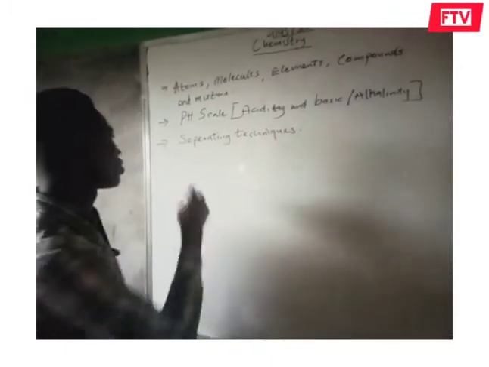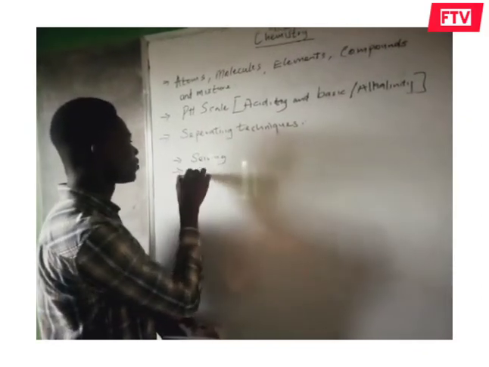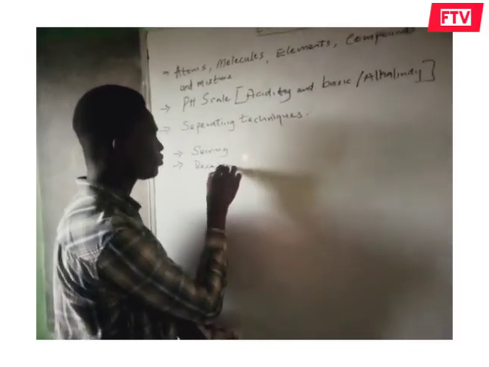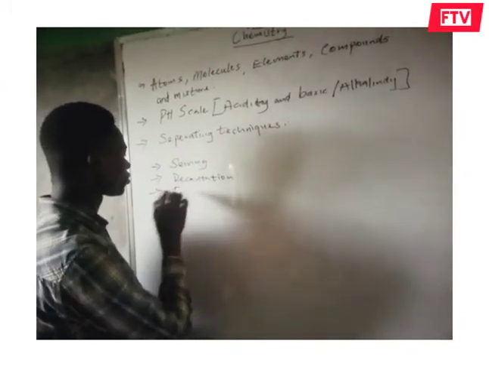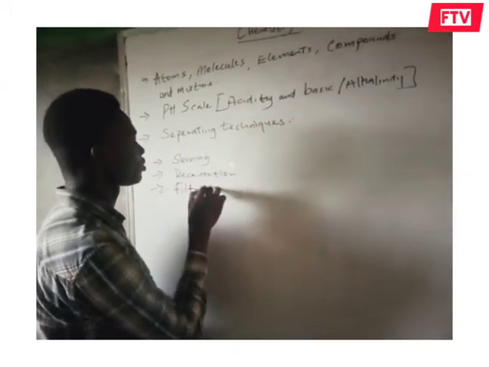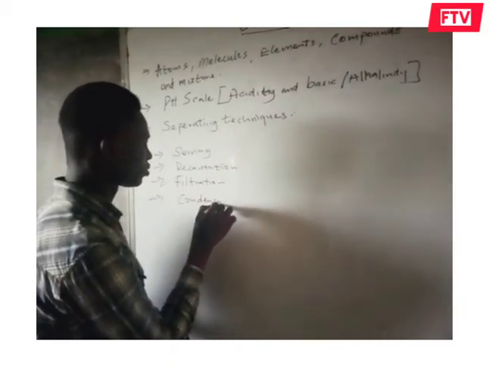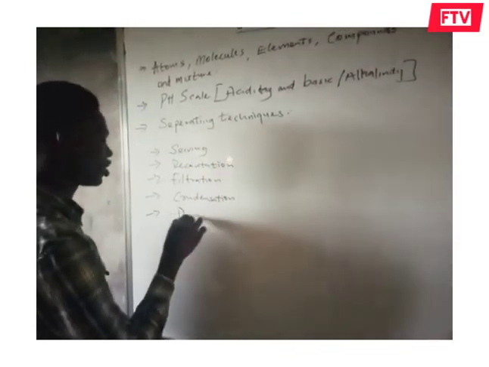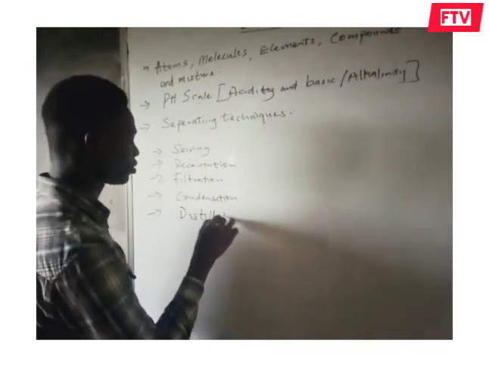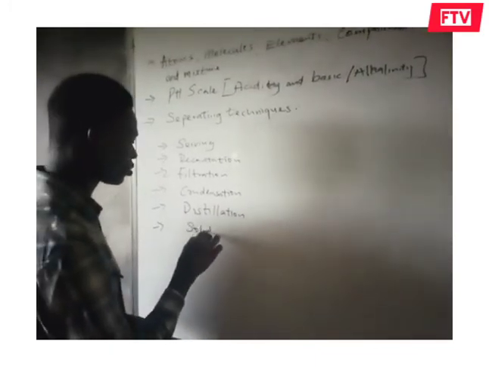So I will list them down for you. The first one that we have is sieving. The second one we have is decantation. And the third one we have is filtration. We have condensation. We have distillation. We have solidification.